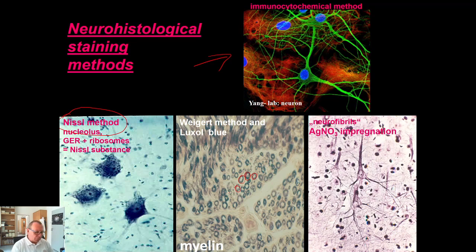And very good and very frequently used are impregnation methods, where usually silver is used as the metal for this impregnation. There are several types of silver impregnations.